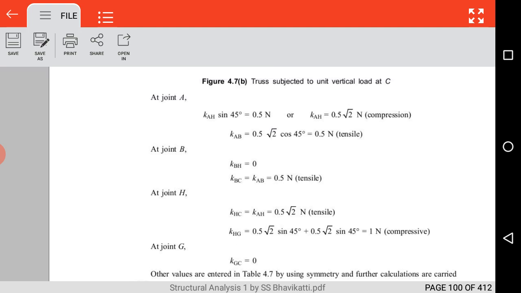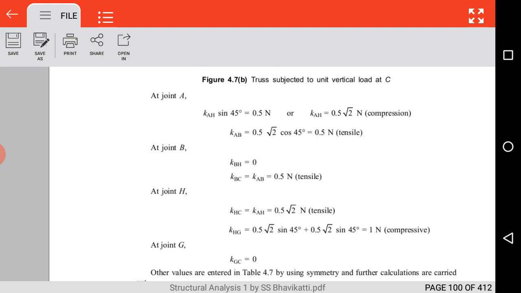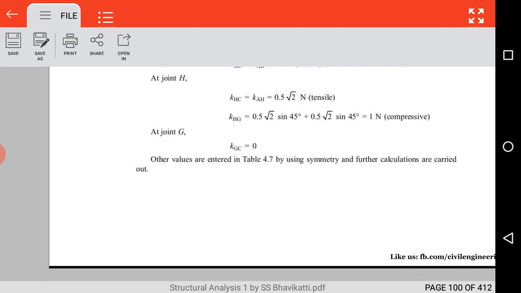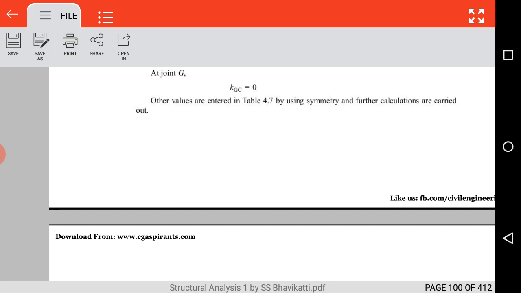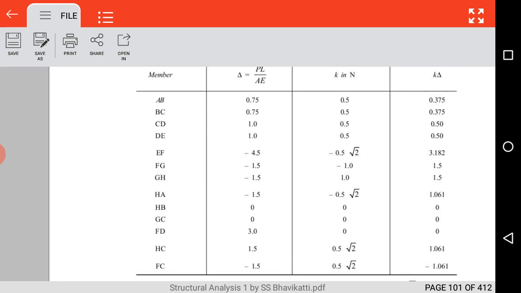If you analyze only half of the truss, that is, if you calculate the values for the joints A, H, B, G and C, we will get the values for the joints F, D and E by using the symmetry of the truss, and the values are noted down in the tabular column over here.